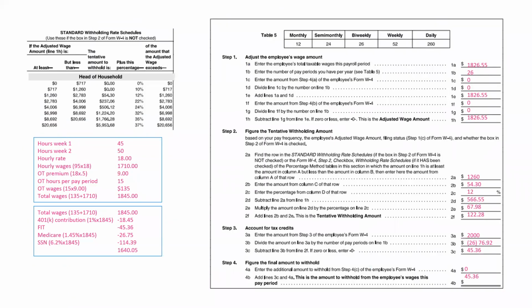Okay, so here's our worksheet. We know that this is a non-exempt employee who makes an hourly rate of $18 an hour. We know that weeks 1 and 2 both had overtime, so you're going to calculate that overtime rate for a non-exempt employee.